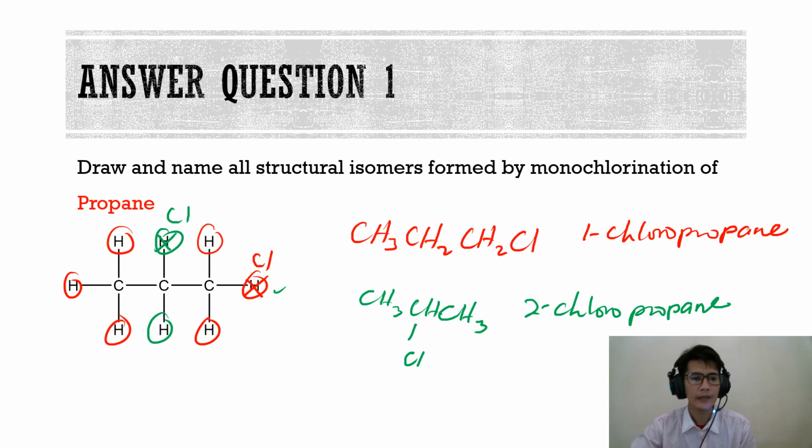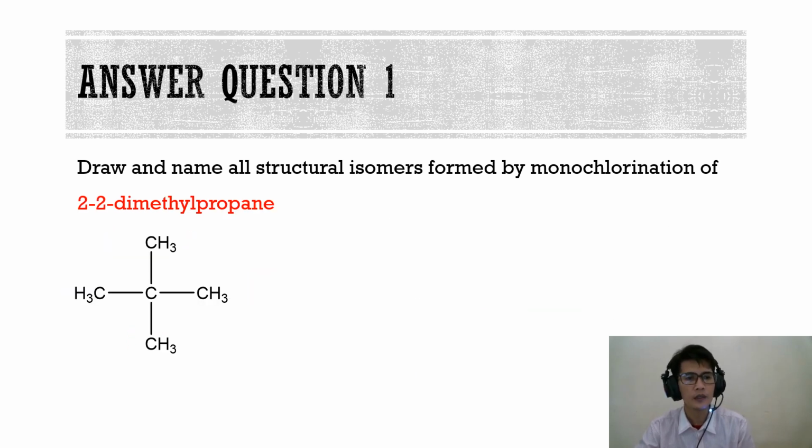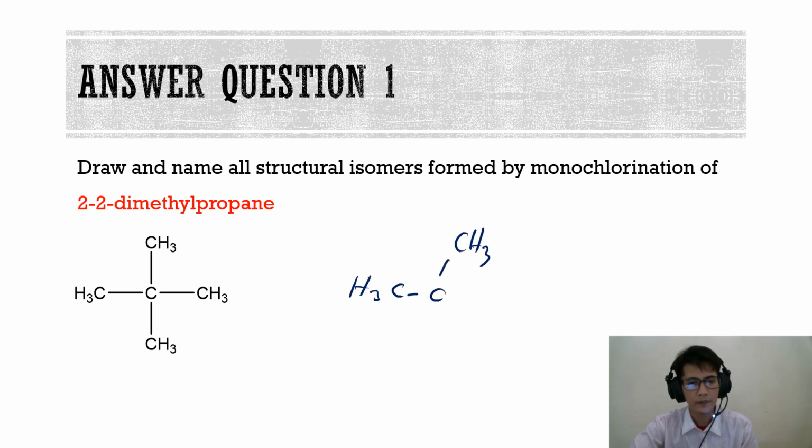Okay, next, compound number 3, 2,2-dimethylpropane. We have 12 hydrogen atoms in this structure, but all of these hydrogen atoms are in the same environment. Therefore, the haloalkane product is just a single haloalkane product, which is H3C-C(CH3)2-CH2Cl.